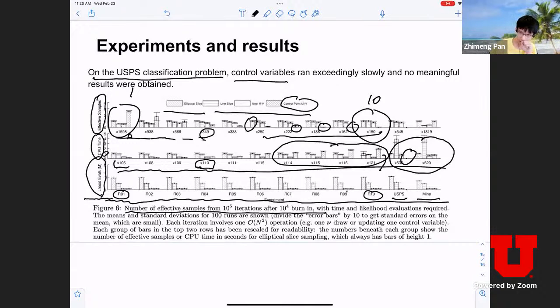Then this number is the lower the better, right? Because evaluating the likelihood is costly if it's a large data set. I think so. But the number of evaluations for the elliptical slice is worse than all other 3 methods. They have to do a lot more evaluations than the others.